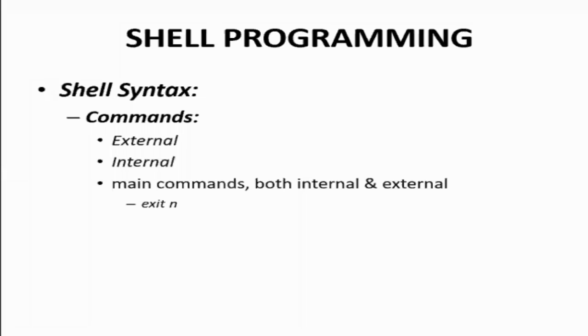And if we allow the script to exit without specifying an exit status, then the status of the last command executed in the script is used as the return value. For example, when I write exit with some n value at the end of the script, that status will be returned. If I don't write the exit command at the end of the script, the last command that is executed in the script will return some value.